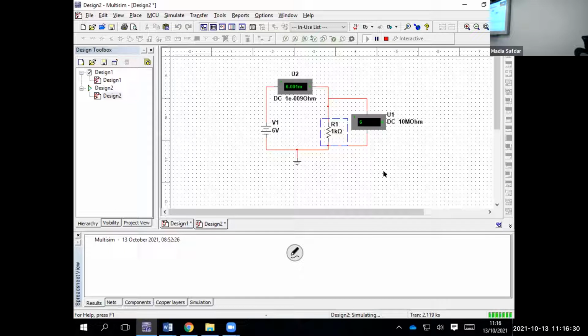So all of you, please open Multisim. What is your user ID?